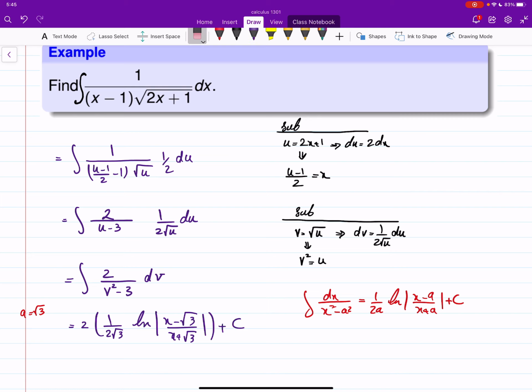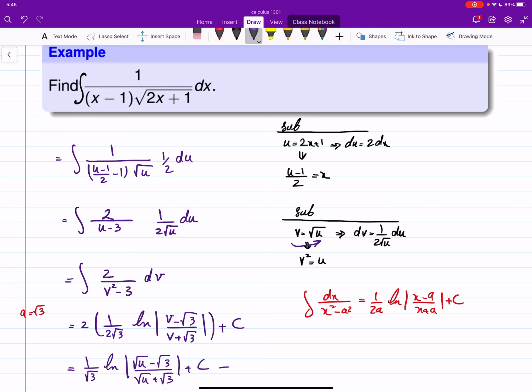Oh, okay, I made a mistake there. I need to use my own variable, which was v here. Now I will go back to u. v is root u, so square root of u minus square root of 3 over square root of u plus square root of 3.